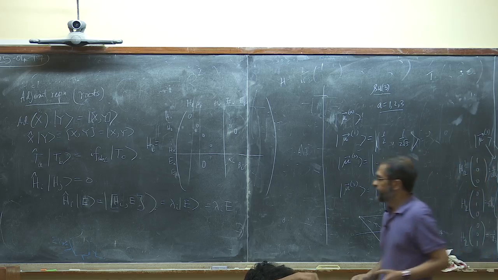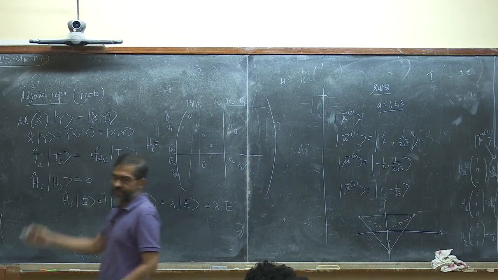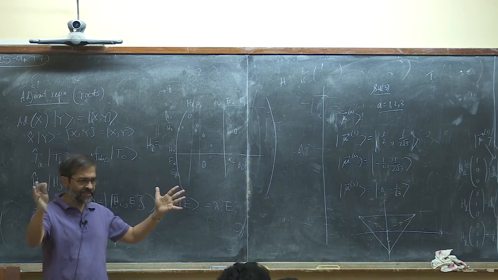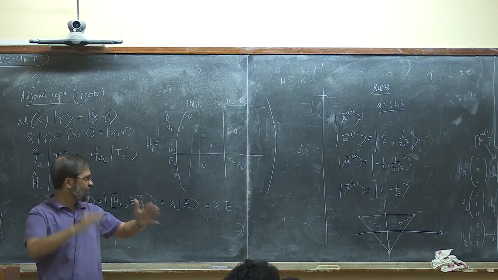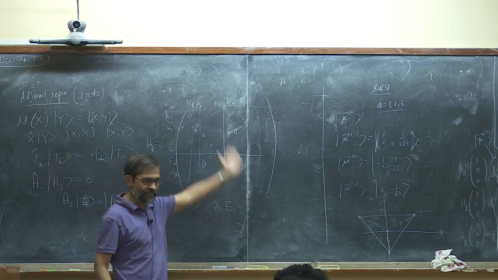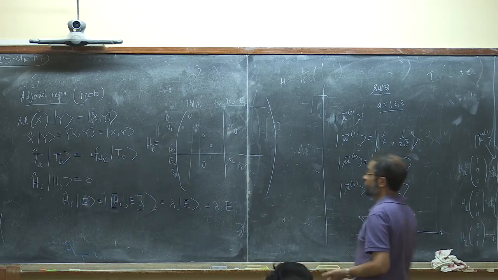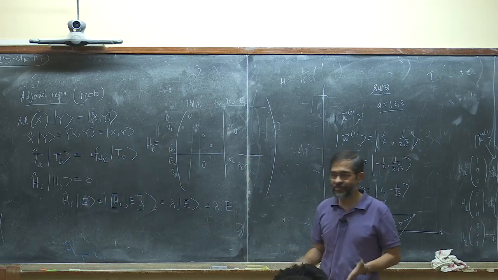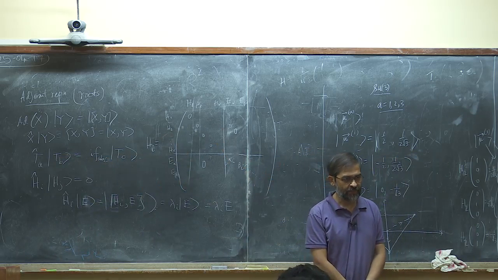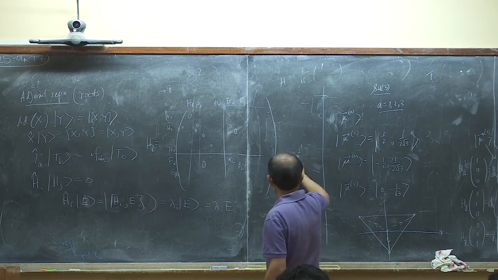Think of all the Hi as operators acting on the Lie algebra, of whatever dimensionality. This is the entire dimension of the Lie algebra, let me call that D, or dim G.